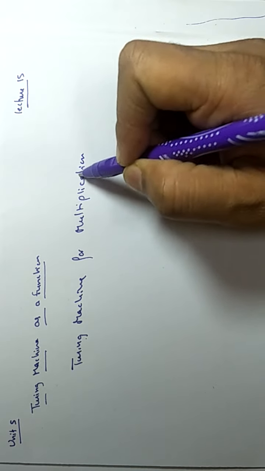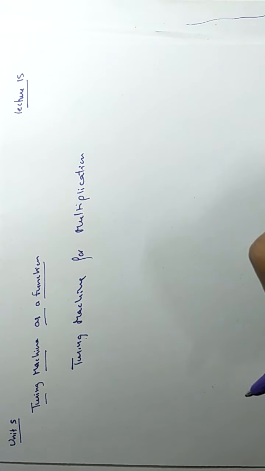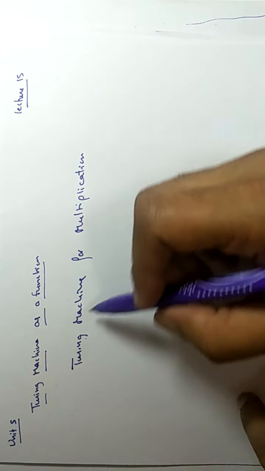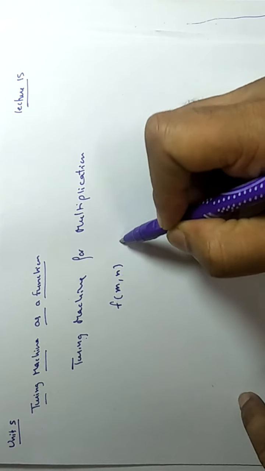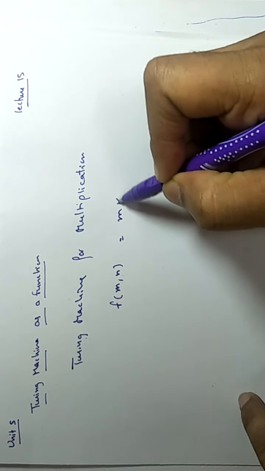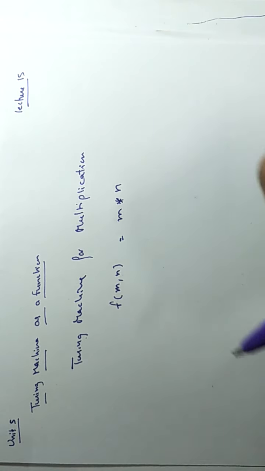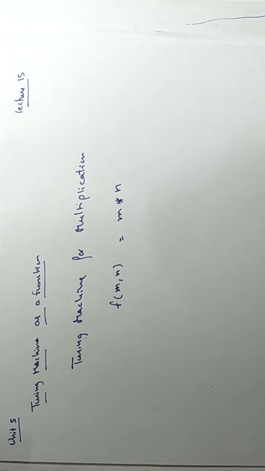In the last lecture we designed a Turing machine for addition and subtraction. We have a function that takes two values, and we will get the multiplication of these two values as a result. Here m and n are unary numbers, so each is represented by one symbol.